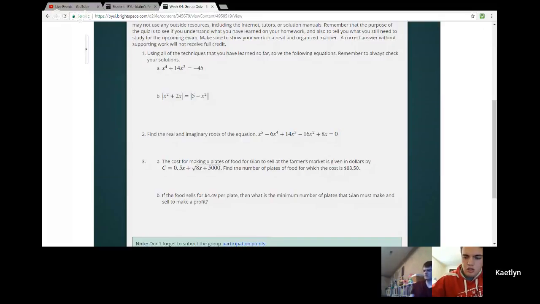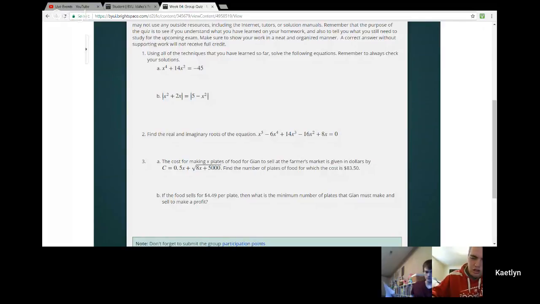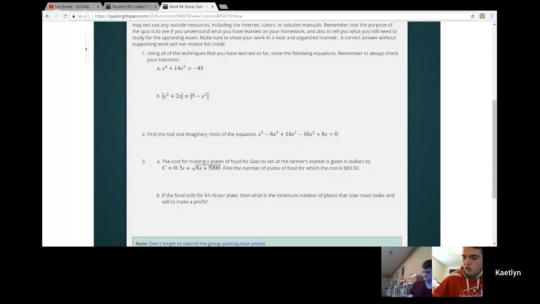Okay, so pretty much on this one, what you're gonna want to start with is adding the 45 to both sides. We'll have x to the 4th plus 14x squared plus 45 equals 0.